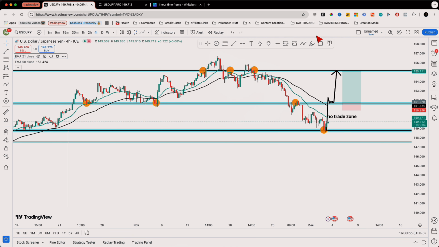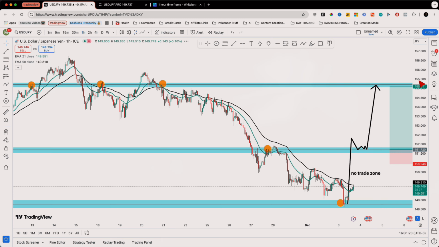So if price is bearish, I'm gonna look at the 4-hour time frame and see if price is respecting these EMAs. So right here you can see that the 21 and the 50 have crossed, which is a bearish sentiment. You can also see that price is hanging underneath the EMAs, right? So as long as price is underneath the EMA, we're overall bearish, right?